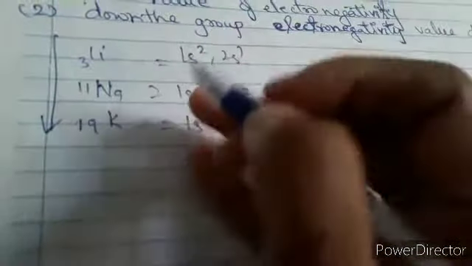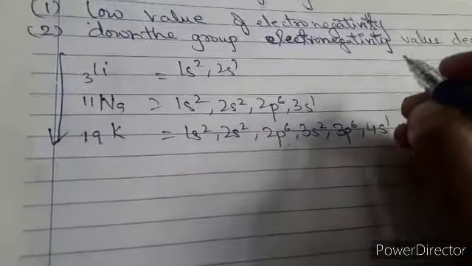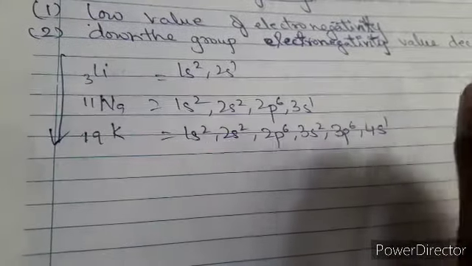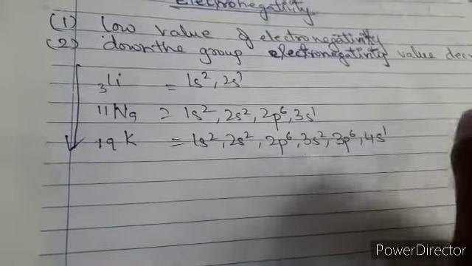Now if you see, you're moving in a group. When they are placed in a group, what things are increasing? Their atomic size is increasing, and because of it the nuclear charge is lowered, or decreasing.